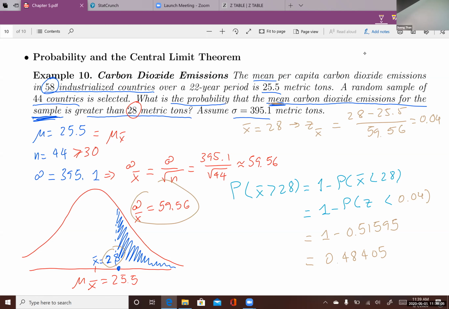If you pick a random 44 countries and you calculate the mean of the carbon dioxide emissions from those 44 countries, the probability that the mean of that sample is greater than 28 metric tons is about 48%. This is what it is about.